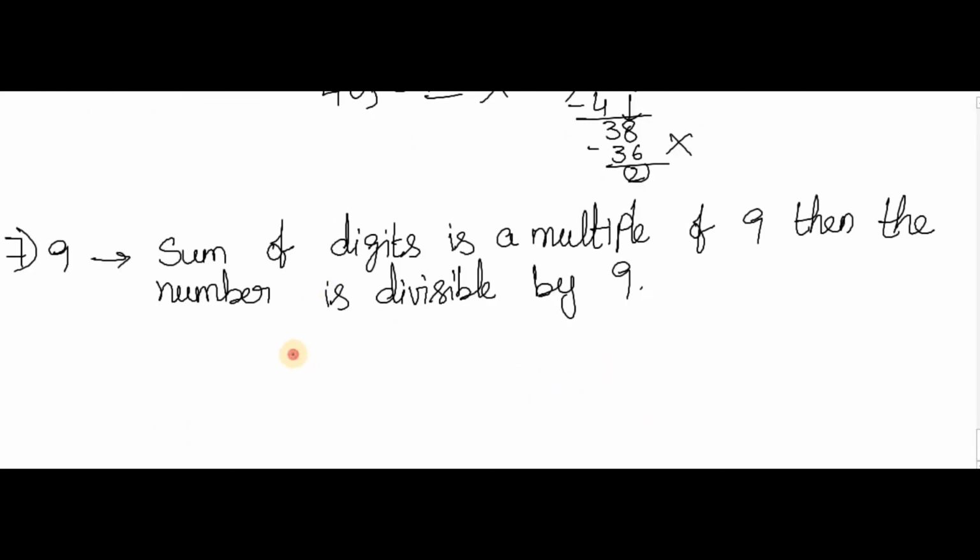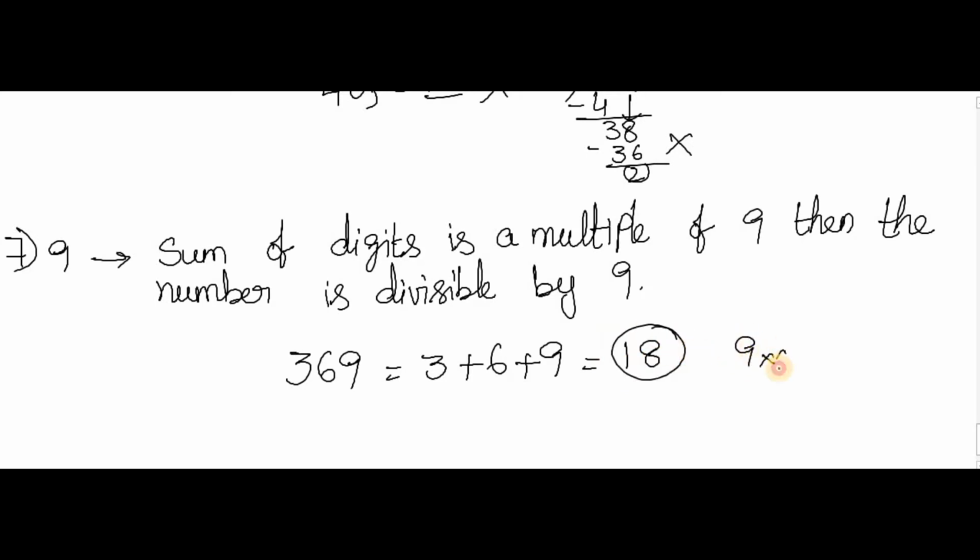For example, we'll go for the number 369. Just add the digits, 3 plus 6 plus 9, and the answer is 18, and in the 9 table, 9 twos are 18. So that is the reason this number is divisible by 9.